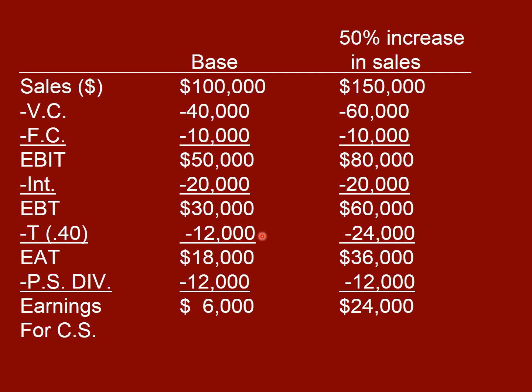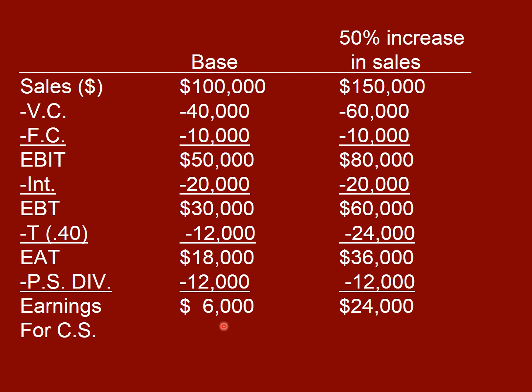Then we subtract our taxes of 40% of $30,000, which is $12,000. Leaves us with earnings after taxes of $18,000. Now we subtract our $12,000 in preferred stock dividends, which was given to us in the problem, and that leaves us earnings available to common shareholders of $6,000.